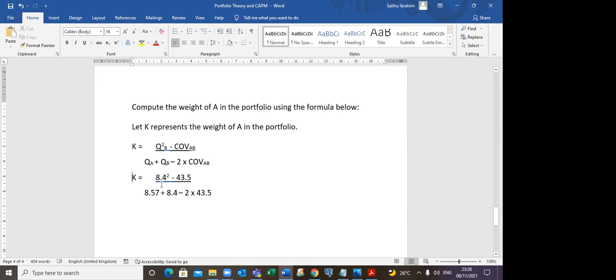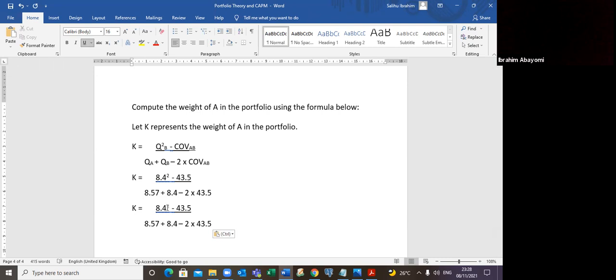So let's continue. What is 8.4 square? Square 8.4, what do we have? 70.56.